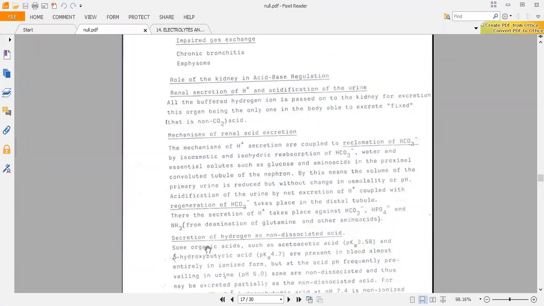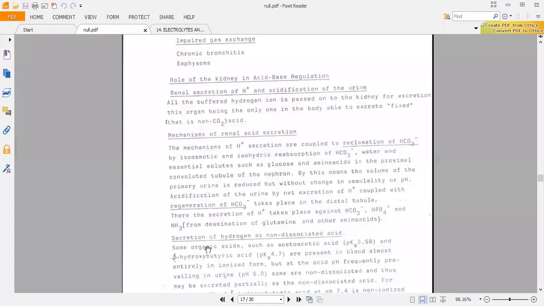This is a situation where someone has a lot of H plus ions in their system. You don't want that to happen. So the kidney is going to excrete the hydrogen, so that you urinate it out, and as it's doing that, it's also producing bicarbonate ion, so that the bicarbonate will go into your system and neutralize the excess H plus ion.